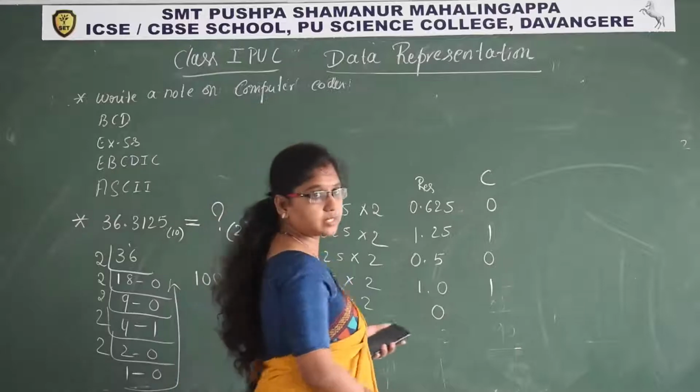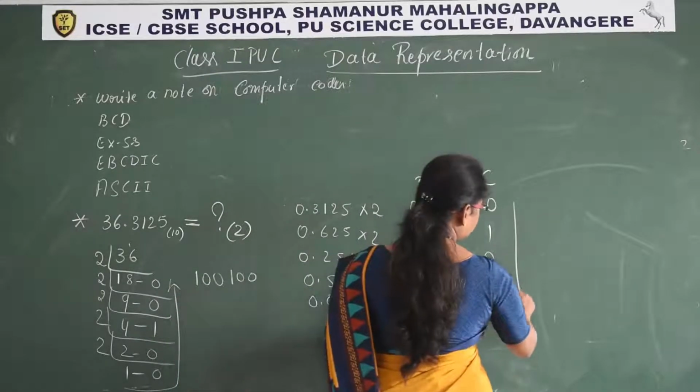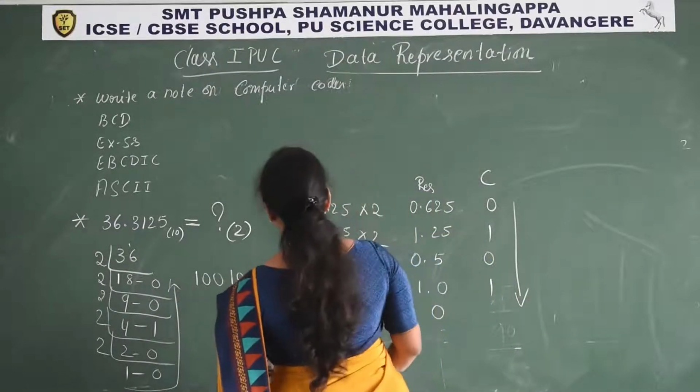So when you get result 0, then stop multiplying. Top to down, you have to take the values.